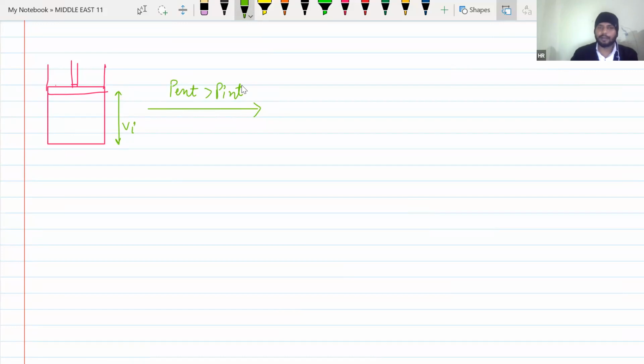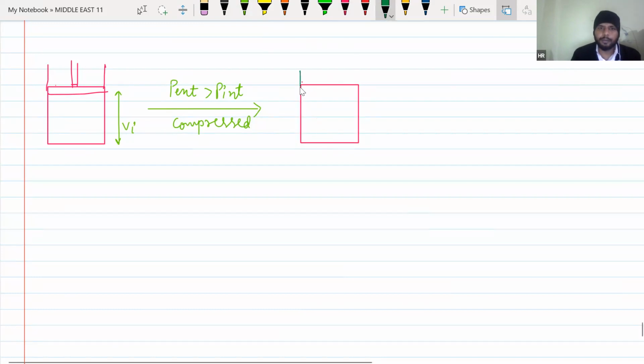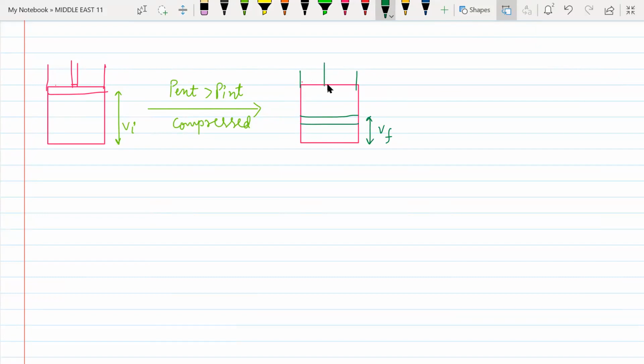Yes, sir, it will be compressed. Just suppose it will be compressed and it will come to this point, and the final volume is V final. Is that clear, everyone? Yes, sir.